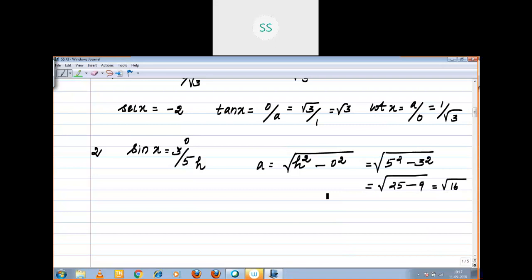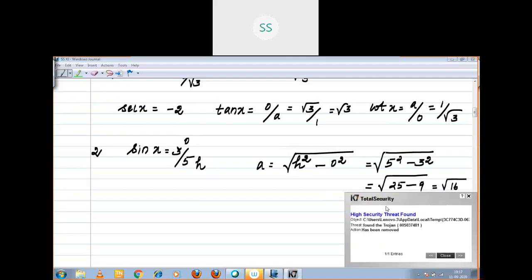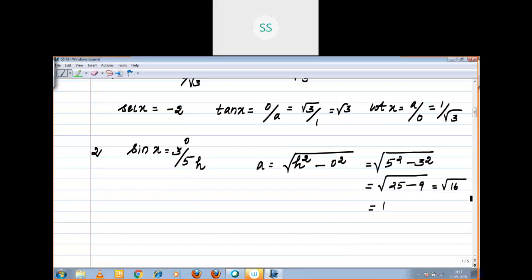Square root of 16 is plus or minus 4, but we have to take only the positive value because a measurement cannot be negative.